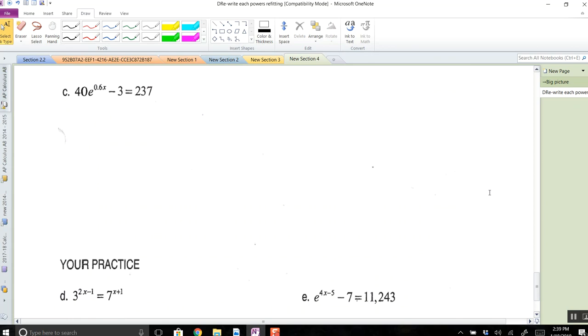Okay, in this case, you always want to isolate the power. That's the power. Right, you have e as your base, 0.6x is your exponent. How do I isolate that? What do I do first?